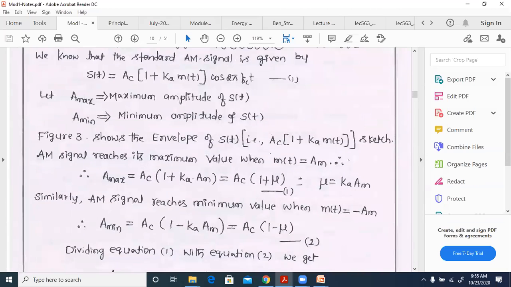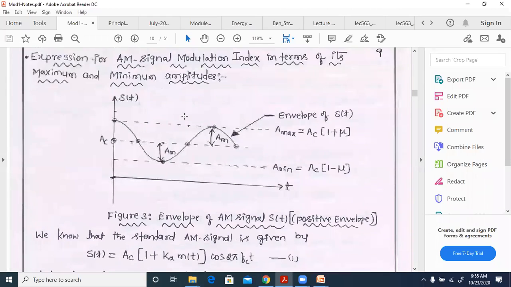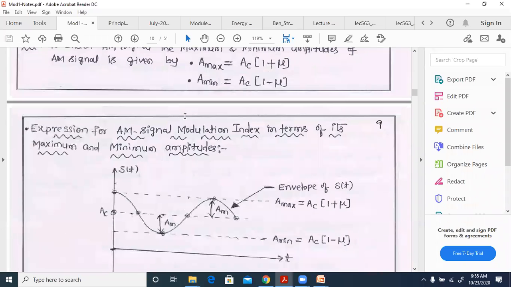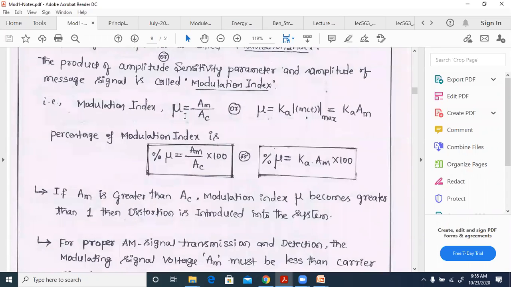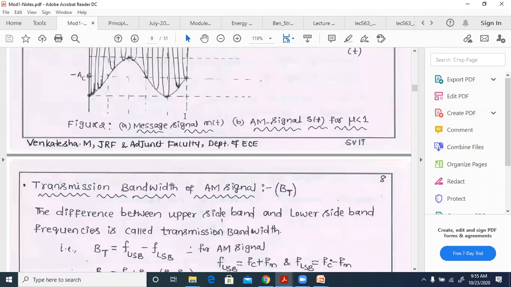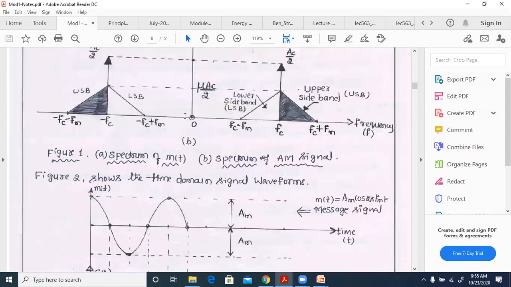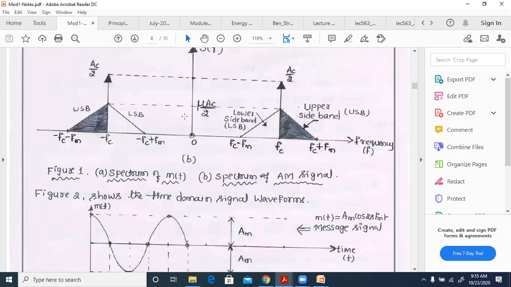Did we not write that? This is for a general statement.